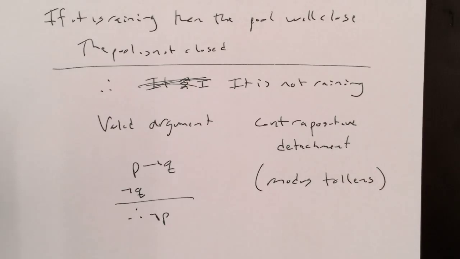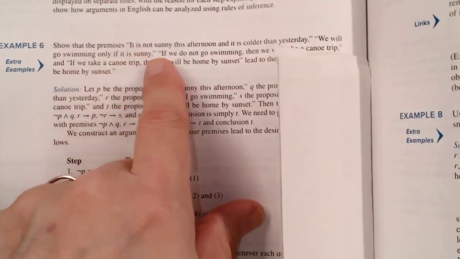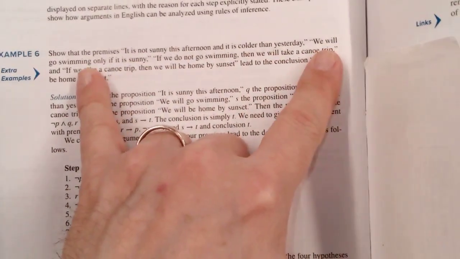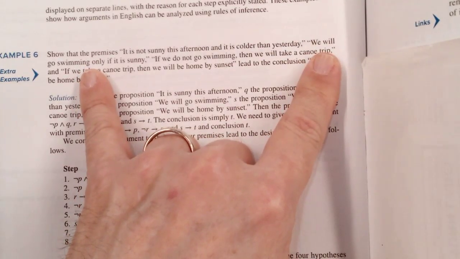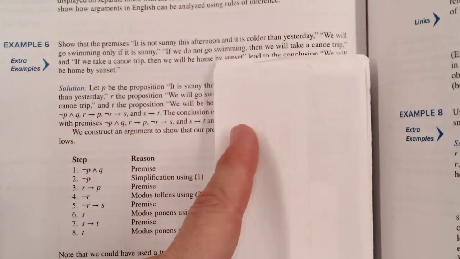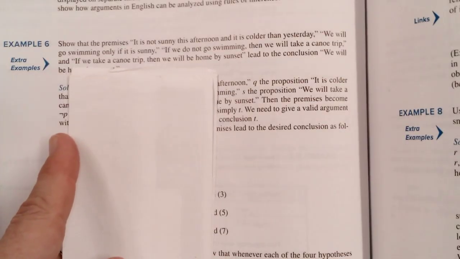Page 78, example 6. Here are the premises. It is not sunny and it is colder than yesterday. We will go swimming only if it is sunny. Remember, I've got to figure out how to translate that only if. If we do not go swimming, then we will take a canoe trip. If we take a canoe trip, then we will be home by sunset.